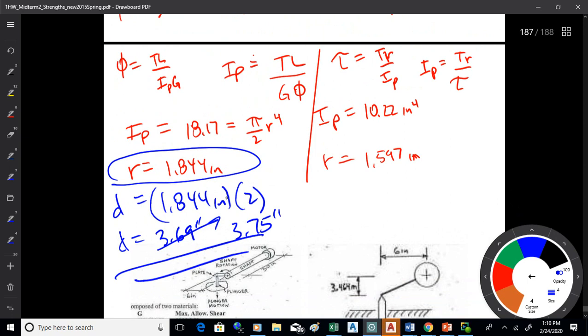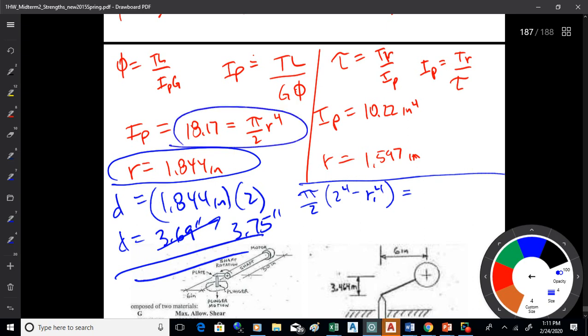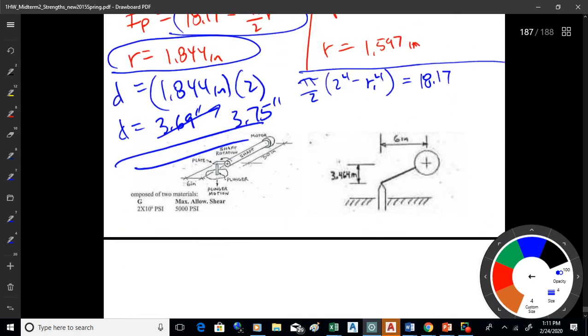Now, if you want to know what's going on with a hollow shaft, what you want to do there is say that pi over 2 times the outer radius to the 4 minus the inner radius to the 4 is equal to the moment of inertia that corresponds to the value you took for the radius. Okay, so that would be 18.17. That's the value that you have to meet for your moment of inertia there.